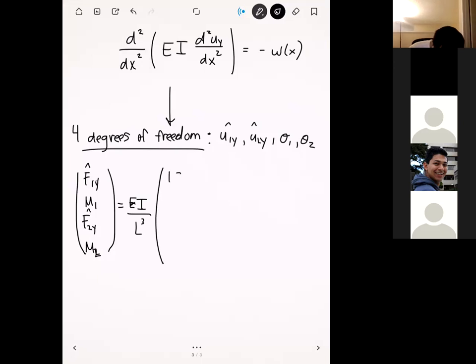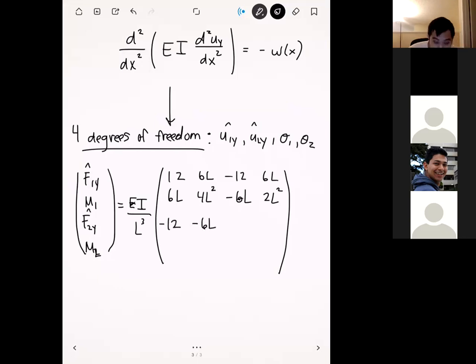We're going to have 12, 6L, minus 12, 6L. Then we have 6L, 4L squared, minus 6L, 2L squared. Then minus 12, minus 6L, 12, and minus 6L.